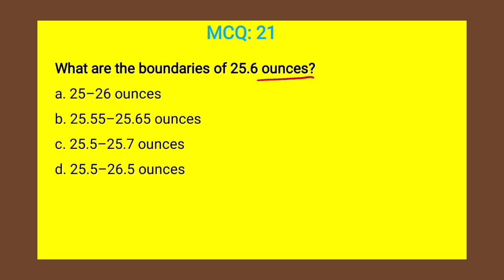Here, the idea is that you must look out for two values, one of which is a constant and the other a variable, such that when the constant value is added to or subtracted from the variable, you get 25.6.